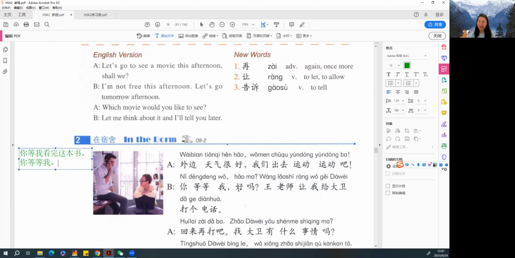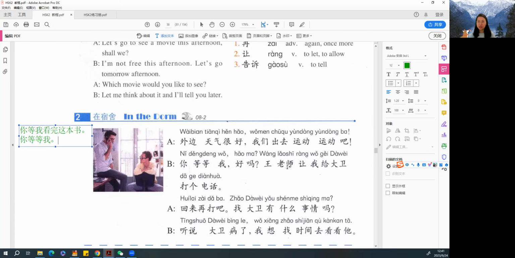So it's already fine to say 你等我, but adding 好吗 here means, can you please wait for me for one more minute? Can you please just wait for me? Like this feeling. And then what's going on? 王老师, so Miss Wang, right? Or Mr. Wang. 让我给大卫打个电话.